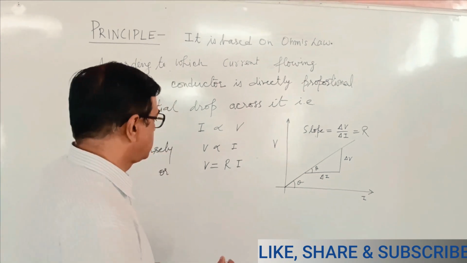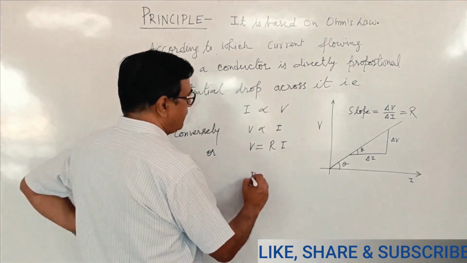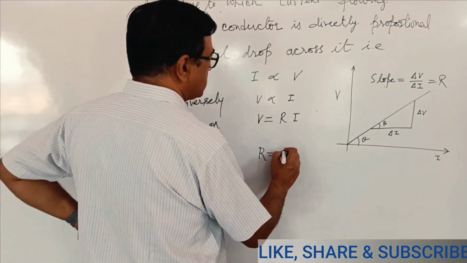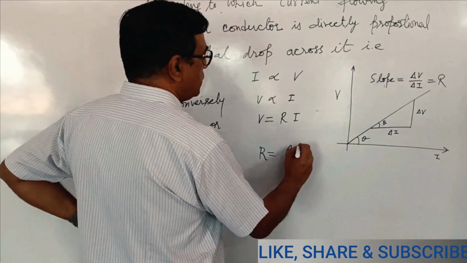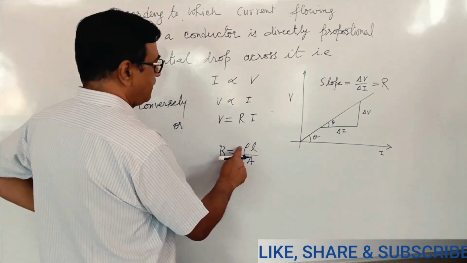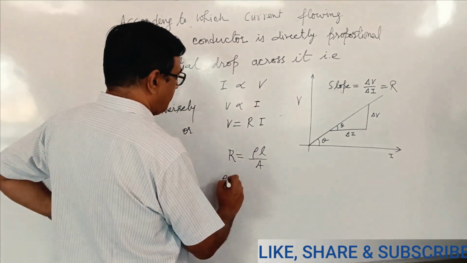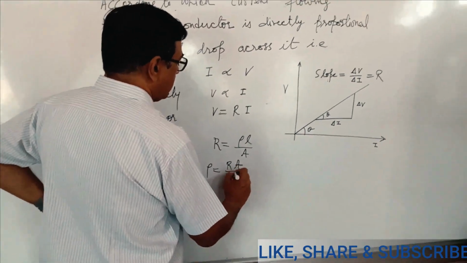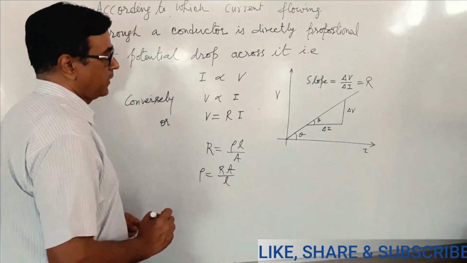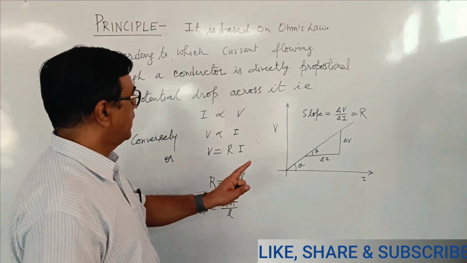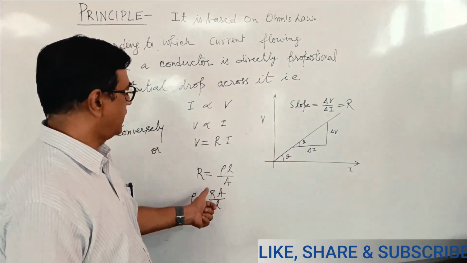Further, we know that the resistance of a wire which has a uniform area of cross section is given by the expression R = ρL/A. Here ρ stands for the resistivity of the wire, and the resistivity of the wire is equal to RA by L. The resistance of the wire can be obtained from the slope of the graph.